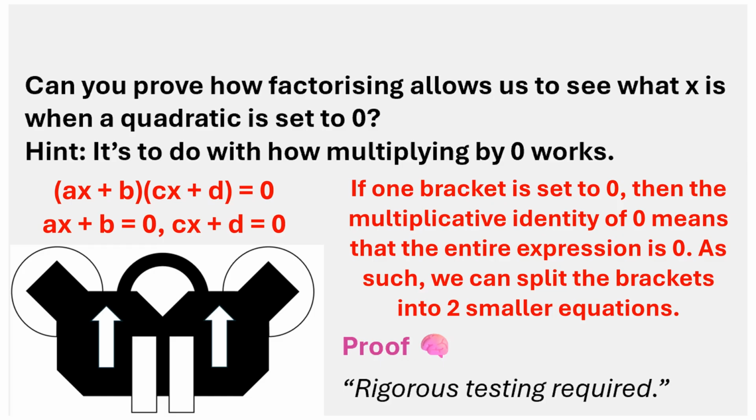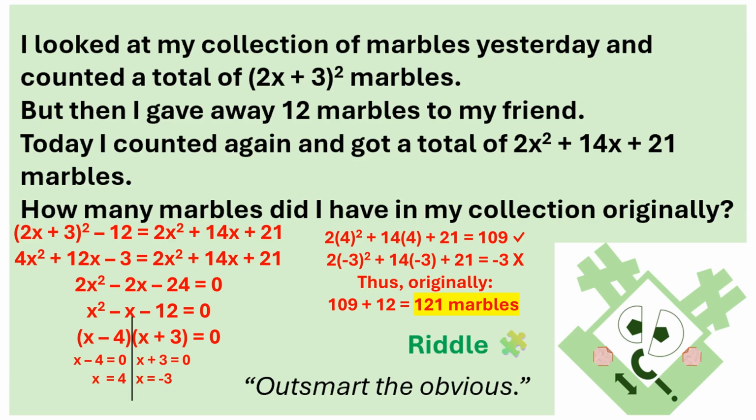Proof, it's all about the fact that anything multiplied by 0 is 0, so either bracket could be 0 and the answer will still be 0, so that's why you can split it out into 2 smaller equations. And then for riddle, you have to set them equal to each other and then move it all to one side.